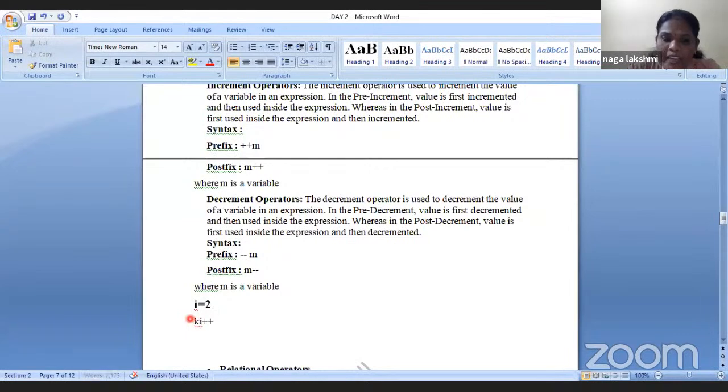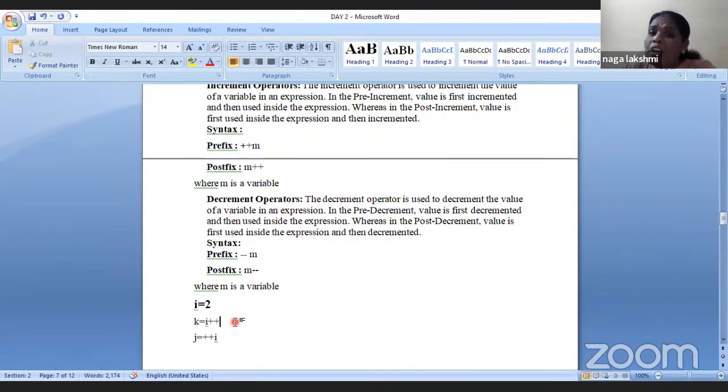So here I have taken k equal to I plus plus. Now again I am taking j equal to plus plus I. First, if I ask you to tell the output for k, it will be 2 only. Why? Because post increment means whenever I plus plus, immediately it will not increment its value.